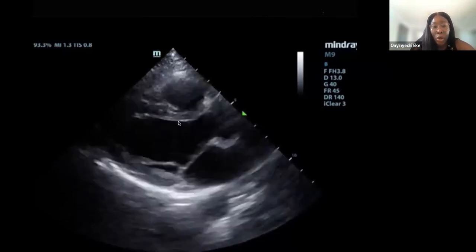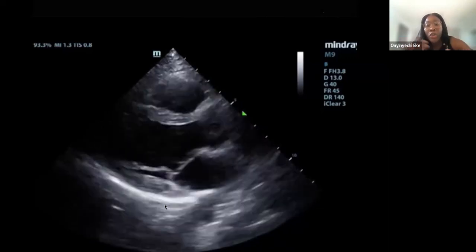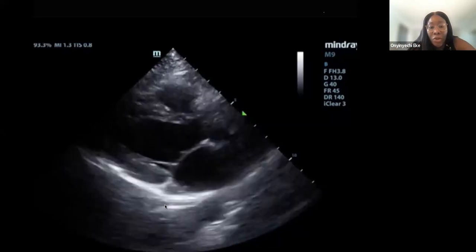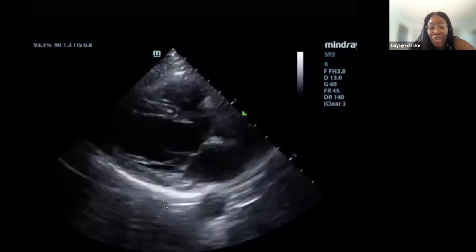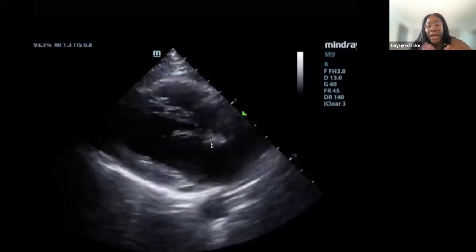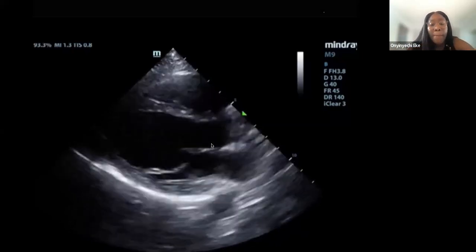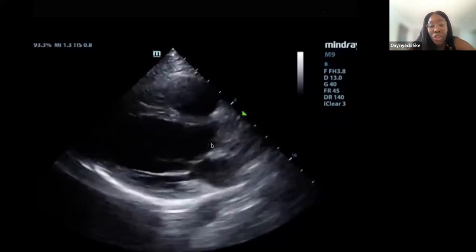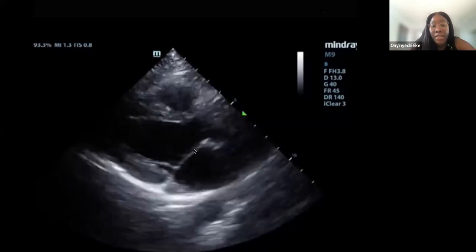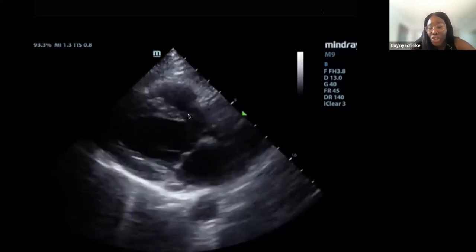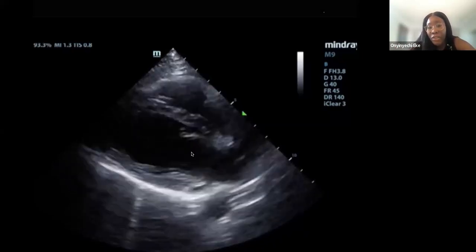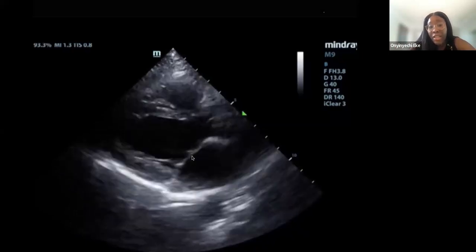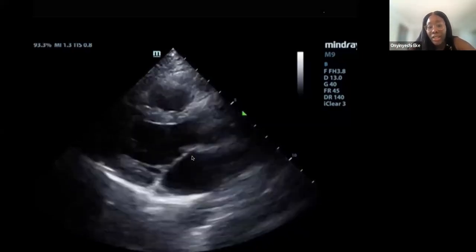I usually look at the walls here. Something to also help you with your ejection fraction is to look at the mitral valve. Assuming the patient has no mitral valve pathology, you look at how well this leaflet is touching the septum. If it's touching the septum, then it's most likely a good EF, right?